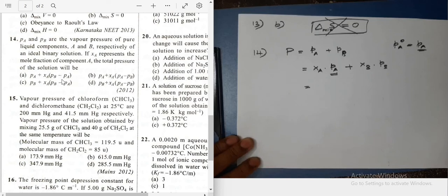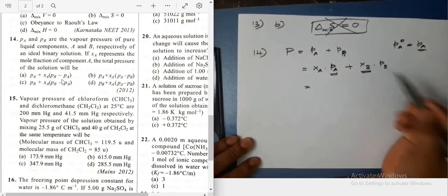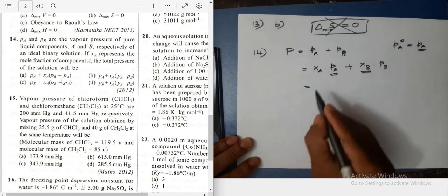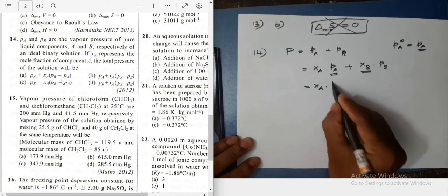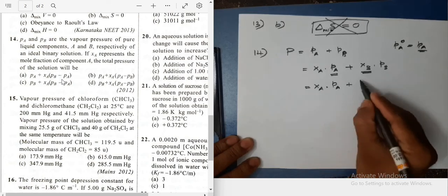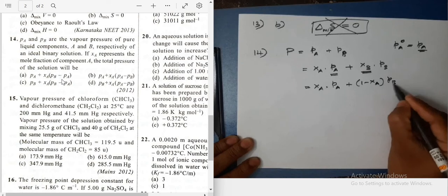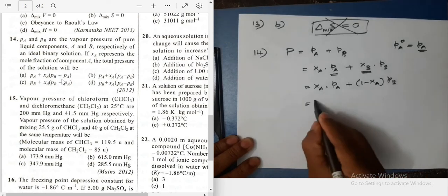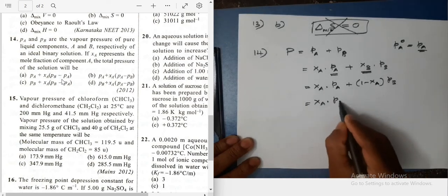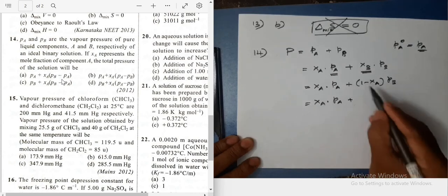There is no XB, so we have to remove XB. Since it is a binary solution, XB is nothing but 1 minus XA.